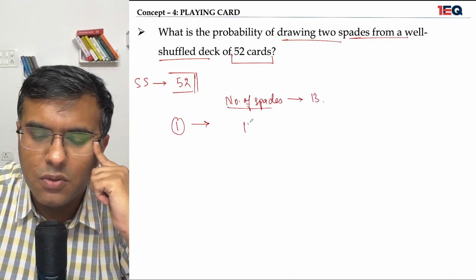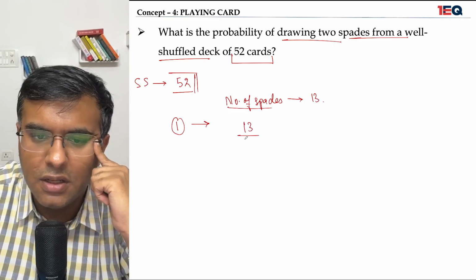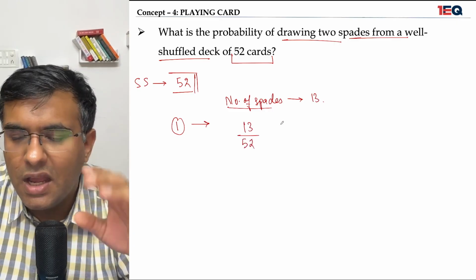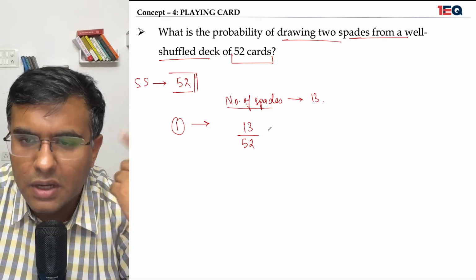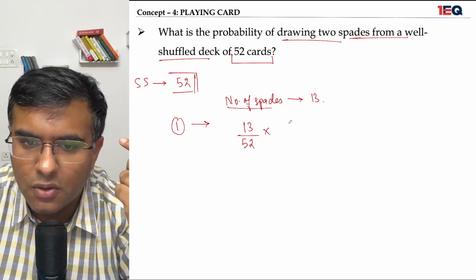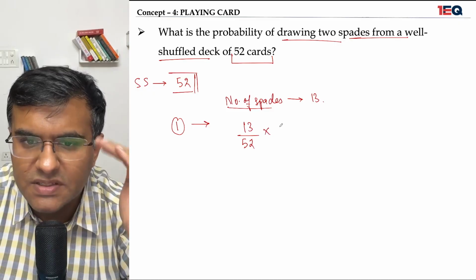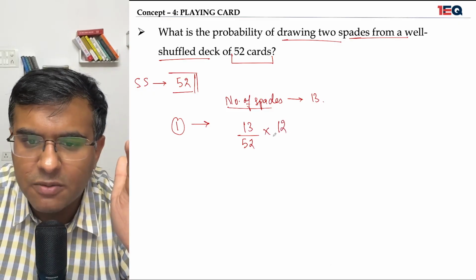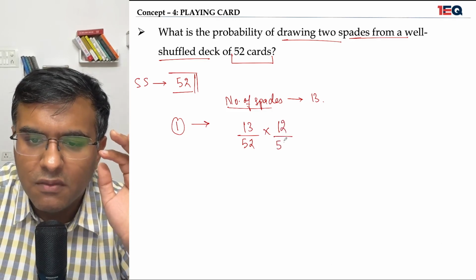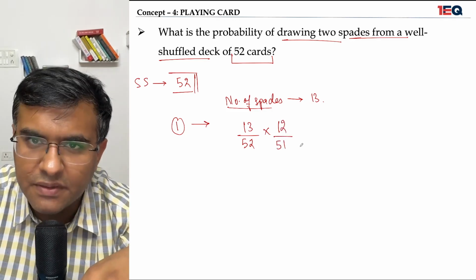So I draw one spade with probability 13 out of 52, and then I have to draw again. If I draw again, the number of spades is going to go down to 12, and there would be 51 cards left in total.